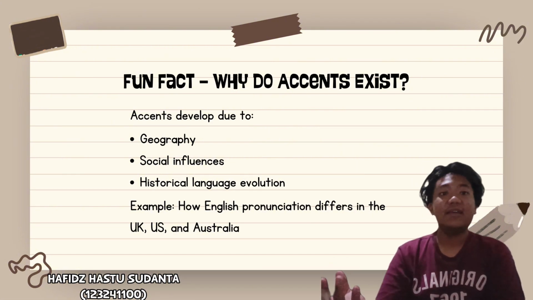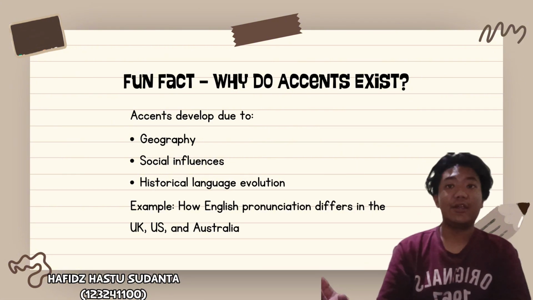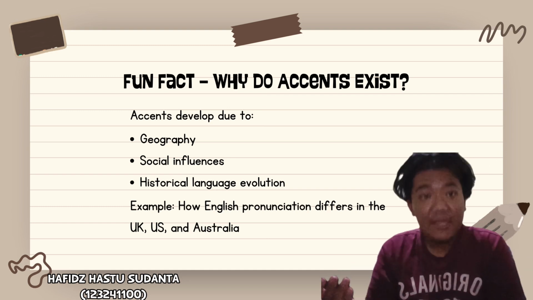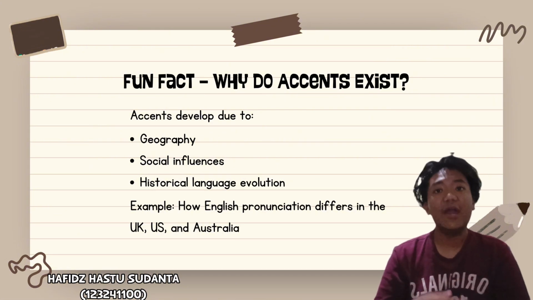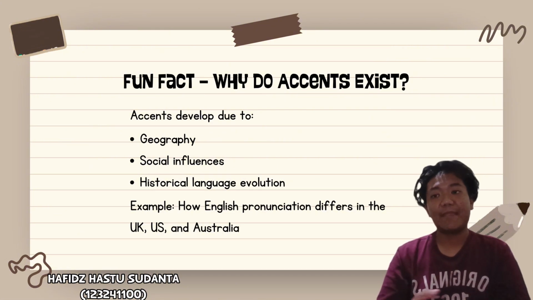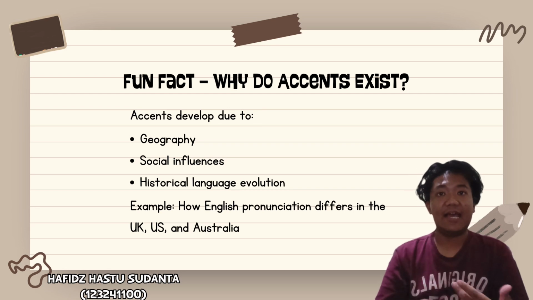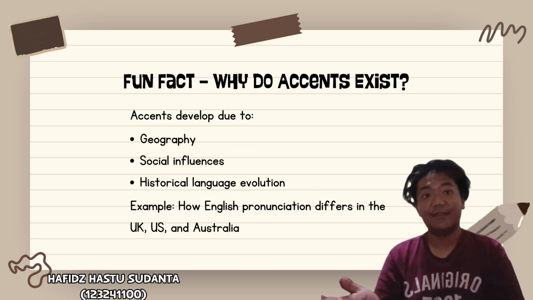So not only did people go somewhere, they also met other people, and their interaction stretched over quite a long time until it became a pattern to be studied as historical language evolution.